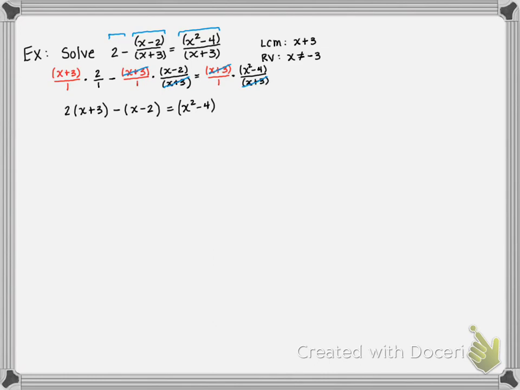Remember to keep all those parentheses, because not having parentheses is what causes sign errors. In particular here, if I didn't have the parentheses around that x minus 2, then I wouldn't distribute that negative, which would cause a sign error.